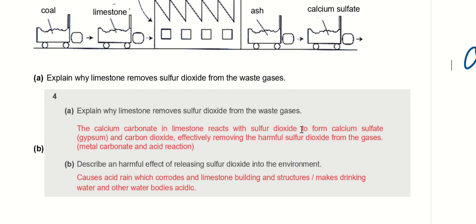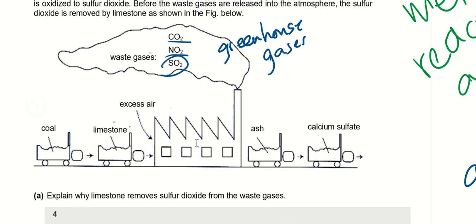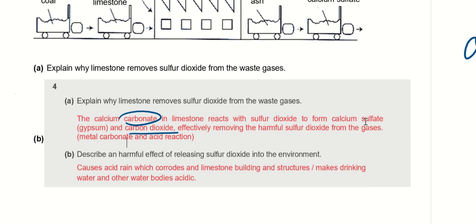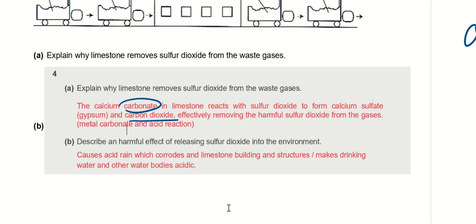It reacts with sulfur dioxide to form calcium sulfate and carbon dioxide. Carbonate has a tendency to produce carbon dioxide. So this removes the harmful sulfur dioxide from the gas, but it produces carbon dioxide. Which one is a bigger evil? The sulfur dioxide is a bigger evil. Carbon dioxide is still okay, right?